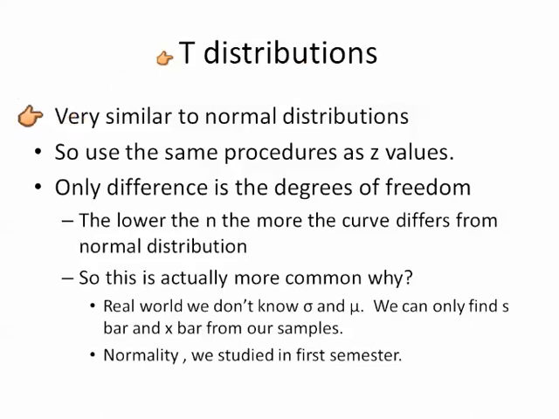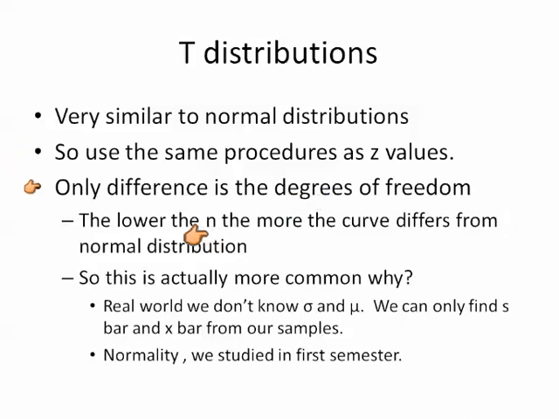It's very similar to a normal distribution that we've already done quite a bit of. So we're going to use the same procedures as we did for z values and getting that confidence interval. It's not going to be a whole lot different as far as procedures are concerned. The only difference is the degrees of freedom.